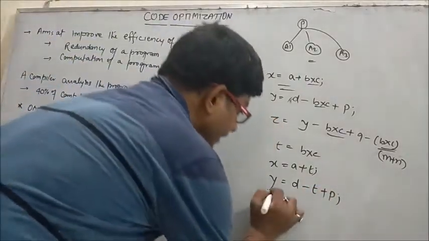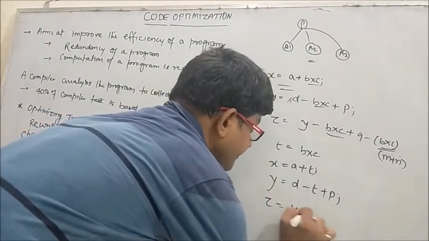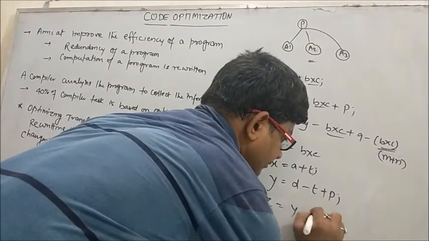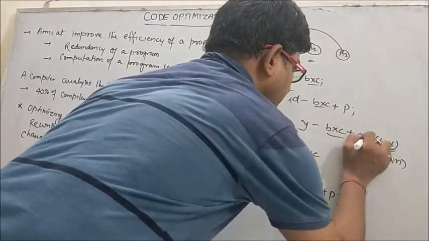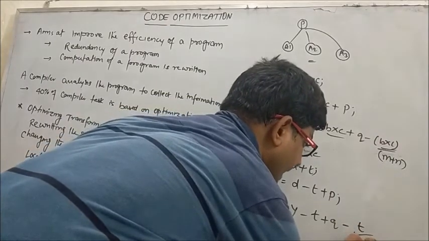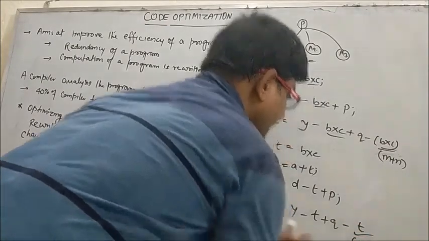And for z we can write z is equal to y minus t plus q, this is q minus t divided by m plus n.